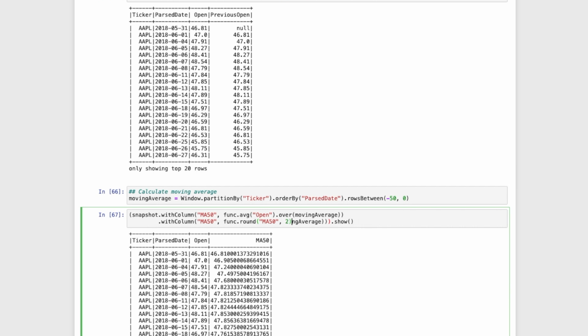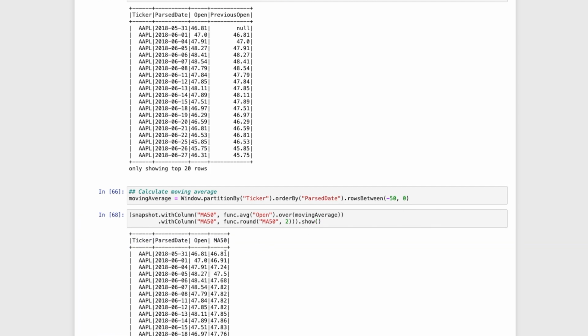I'm not going to be using over because we are not performing any window functions anymore. We have closed all the parentheses perfectly, and because the column name we are using is the same as the column we are modifying, it's just going to do an in-place operation and replace the column that you have over there.